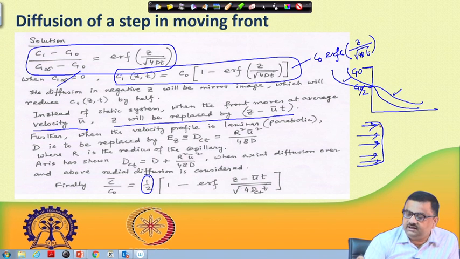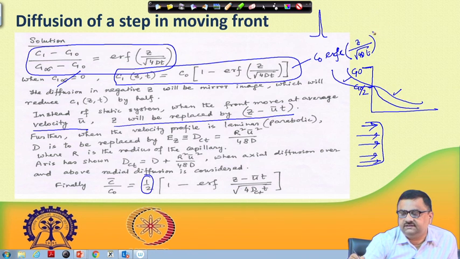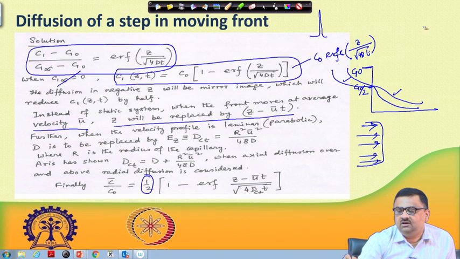What we did last time, if you recall, in the case of a Dirac function traveling, we said it can travel under two conditions. One is a uniform velocity profile, that means the velocity over the entire cross section is the same everywhere. So it is simply as if it is a static system, only this system is traveling over some time.